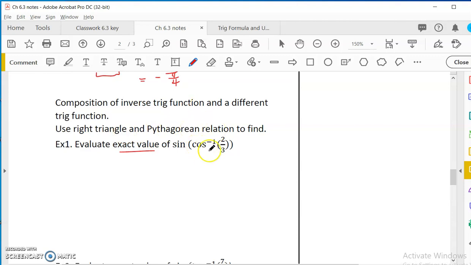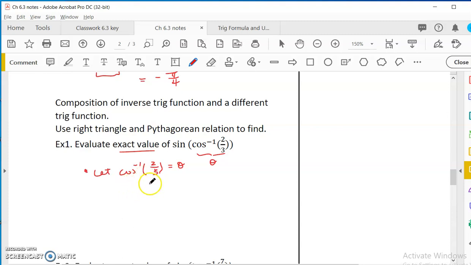So first, cosine inverse will give an angle, right? Let's just let this be theta. So we substitute: let cosine inverse of 2 over 3 equal theta. It is an angle, but we are not interested in finding the angle. We are interested in finding sine theta.